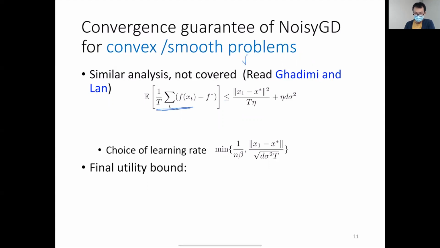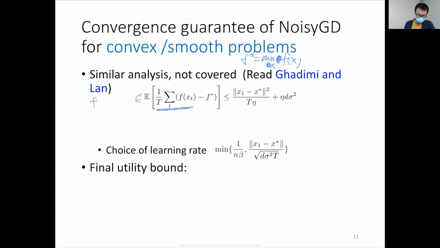So f star is equal to the minimum of f. I think I'm using x, so it is equal to the minimum, the optimal solution of f of x. And what makes this meaningful and interesting is that this is a convex combination of t different points, right? So what this is saying is that we can make use of this and construct an estimator.